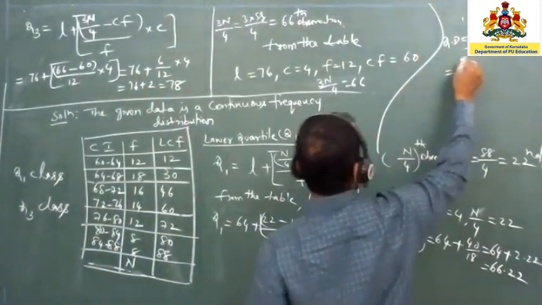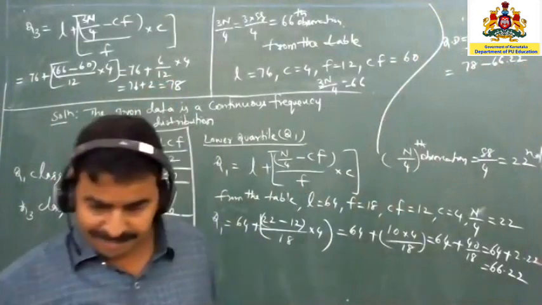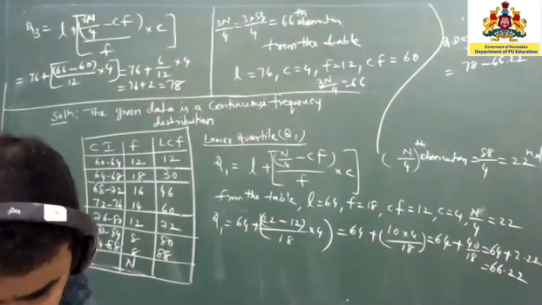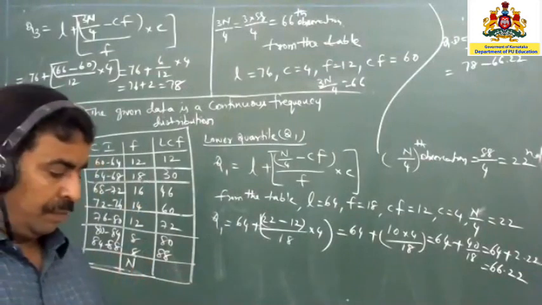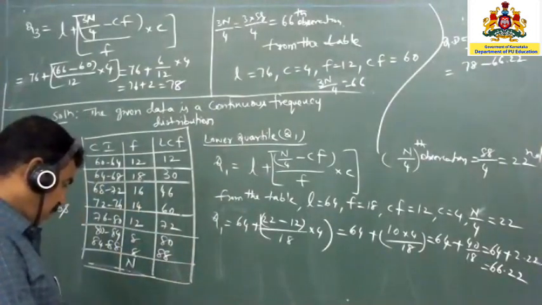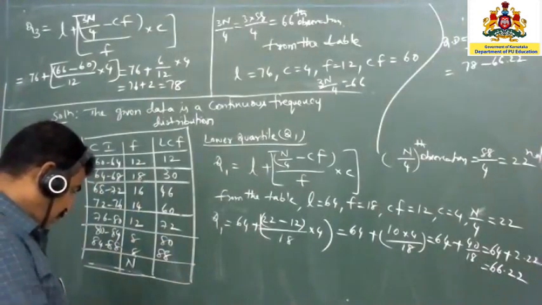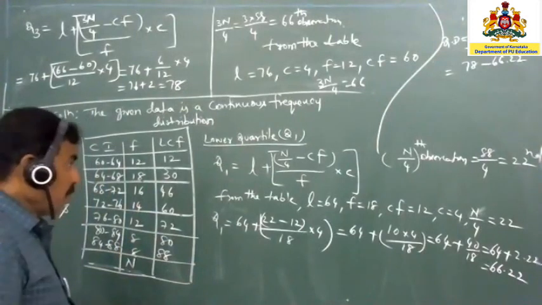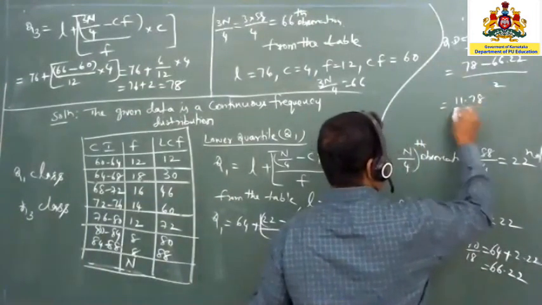Q3 is 78 minus 66.22, which is 11.78 by 2.